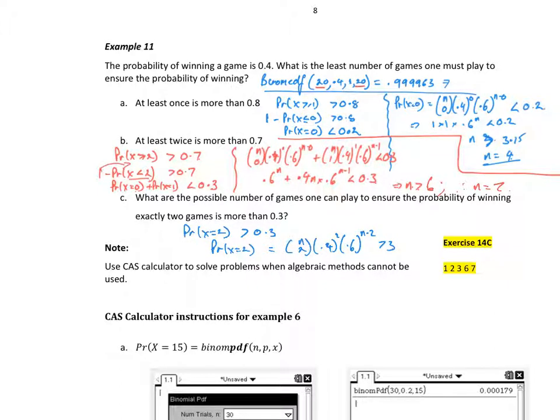So maybe we might need to simplify the nC2 a little bit first. So nC2 is actually going to leave me with n times n minus 1 over 2 times 0.4 squared times 0.6 to the n minus 2. I want to solve it equal to 0.3 first.